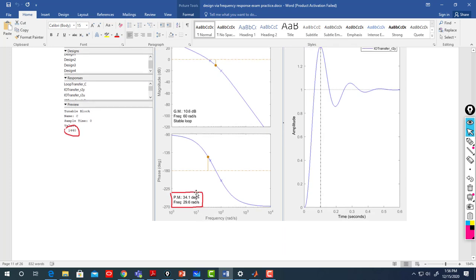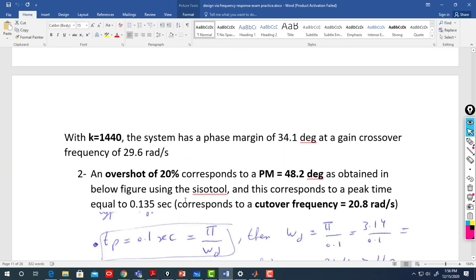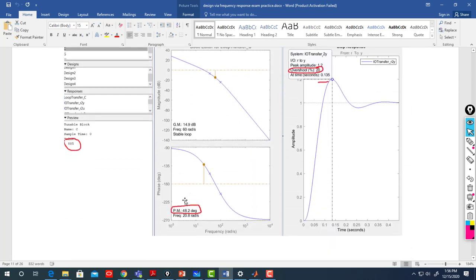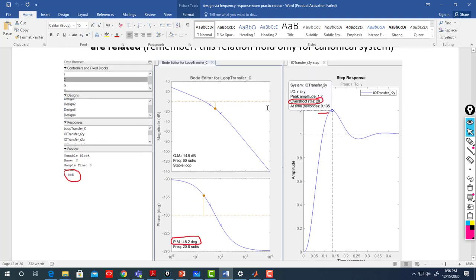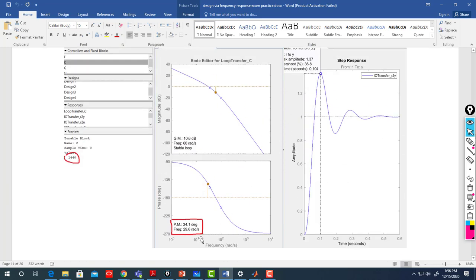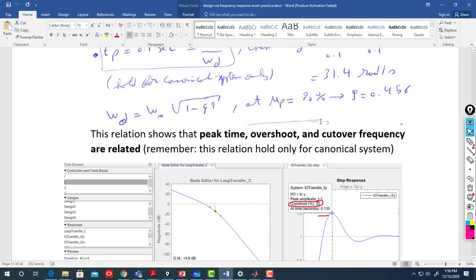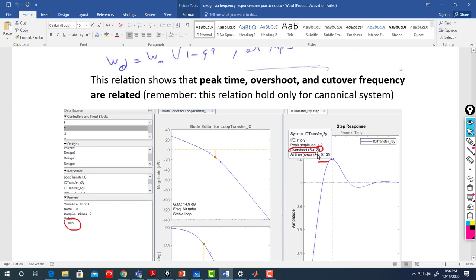By increasing the phase margin from 34 to 48. By increasing it from 34 to 48, I'll be able to reduce my overshoot. At 34 I have an overshoot of 36%, so I can reduce it from 36 to 20%.